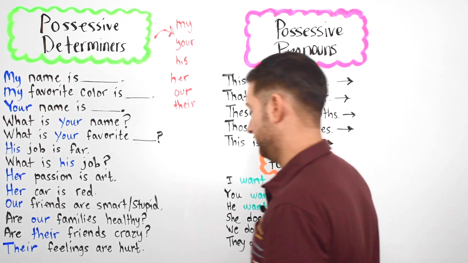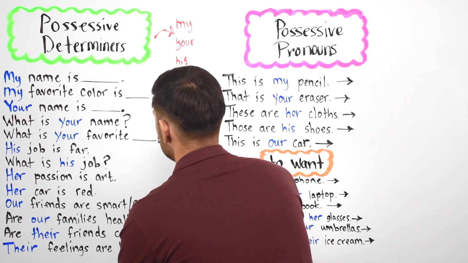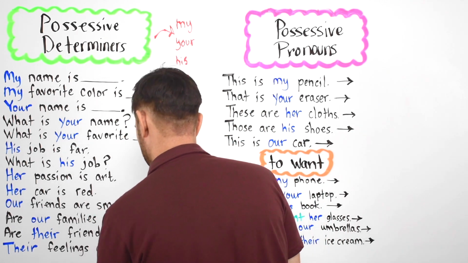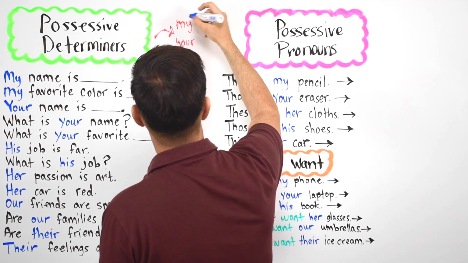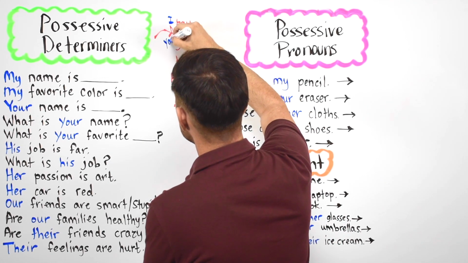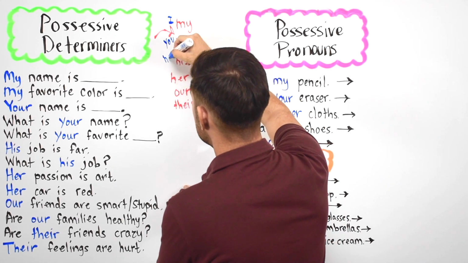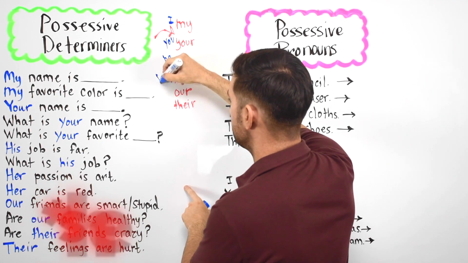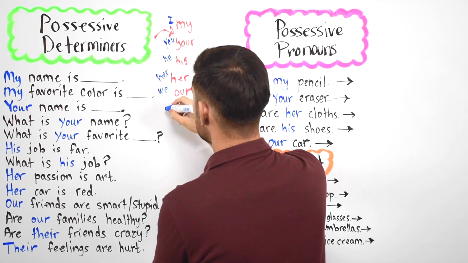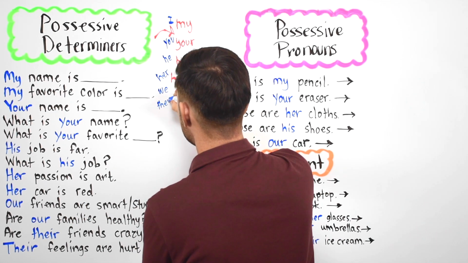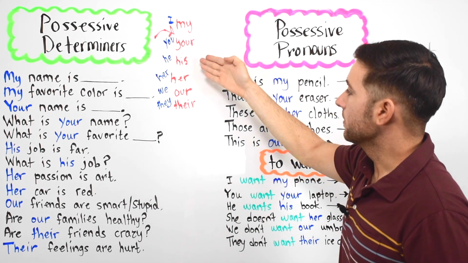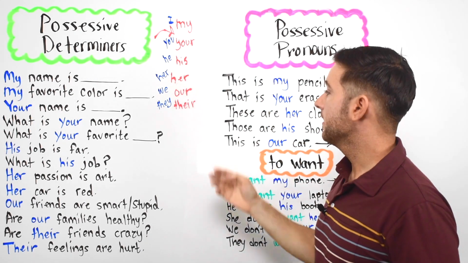These are possessive determiners. Now, you can see that my corresponds to I, your corresponds to you, his corresponds to he, her corresponds to her, our corresponds to we, and their corresponds to they. Okay? My, your, his, her, our, and their.